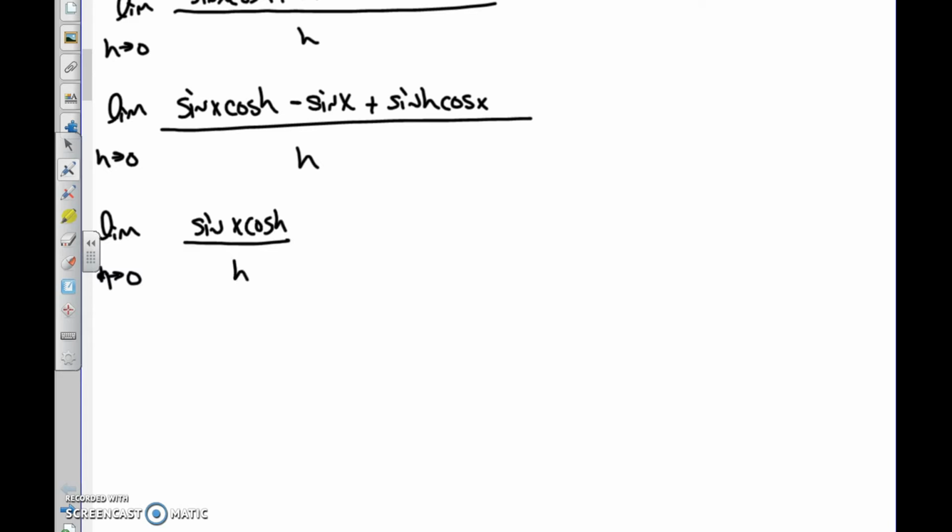I'm going to carry the sign that's between it, minus sine of x over h, plus sine of h cosine of x all over h.